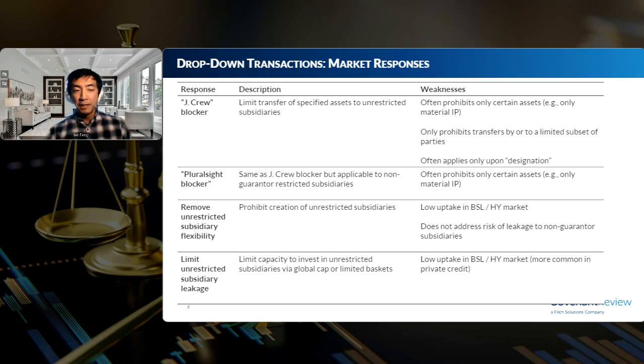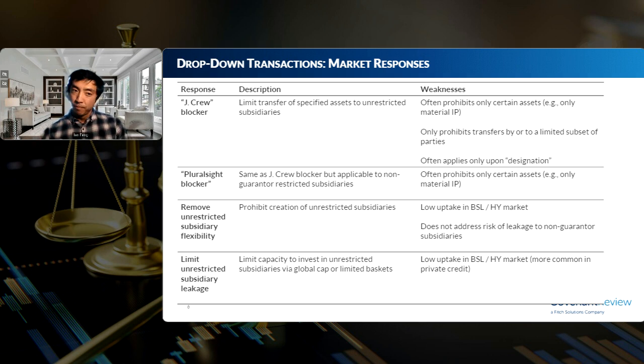However, you could do something a little bit more narrowly focused, which is you could limit the amount of value that could leak into unrestricted subsidiaries. And there's two ways of doing this. You could certainly try to negotiate smaller baskets on every individual carve out.